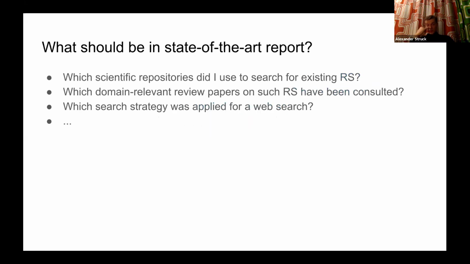What I would like to see in terms of skills is a proper state-of-the-art report. If someone decided to write new software, which repositories did they search for existing solutions? Which domain relevant review papers did they consult on such software, and maybe which strategy was applied for web search?